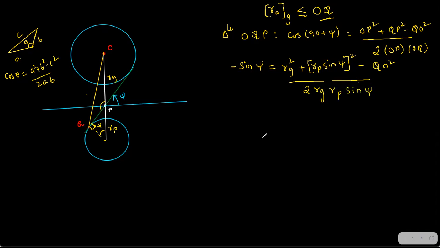Is it okay? Fine. Now cross multiply it and make Q square equal to, keeping Q square on one side and the remaining things on the other side.